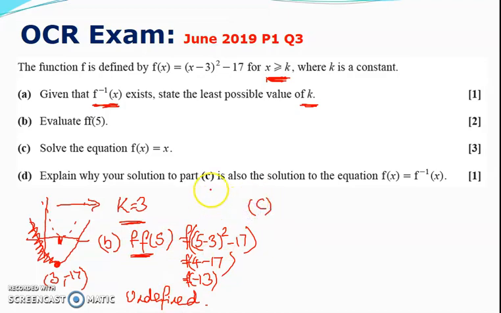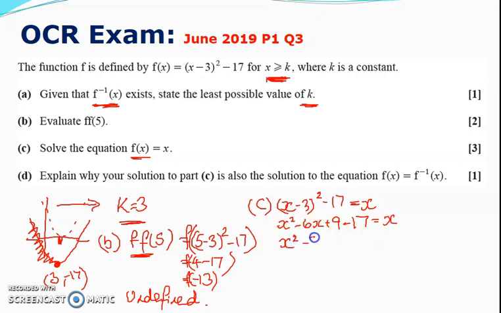C, it says solve the equation f of x equals x. So what was f again? Right, let's do that. So x minus 3 all squared minus 17, that's my f of x bit, and I've got to set that equal to x. So the only way I think I can do this is to multiply out the brackets. You should be able to do this off the top of your head now. Minus the 17 equals x. Tidy up a bit, I'm going to get x squared, I reckon I'm going to get minus 7x, sorry, minus 8.